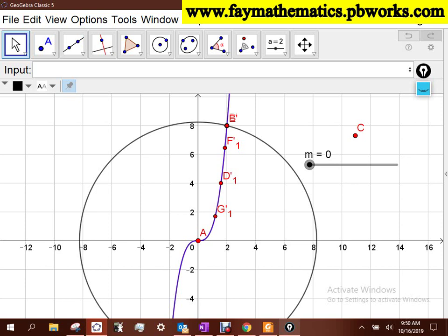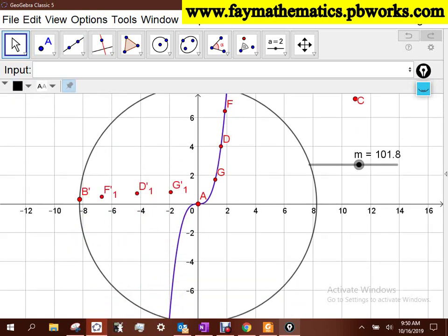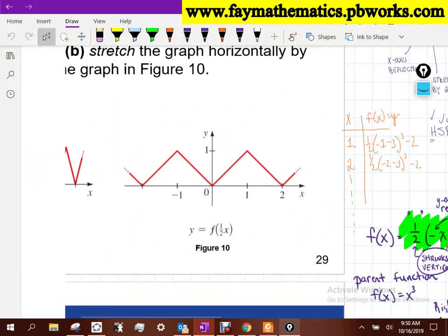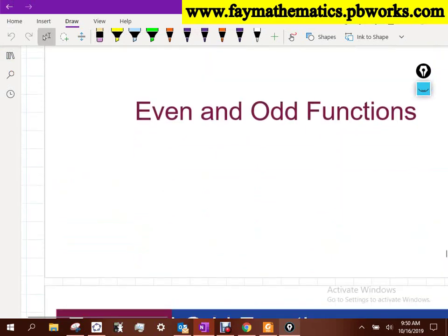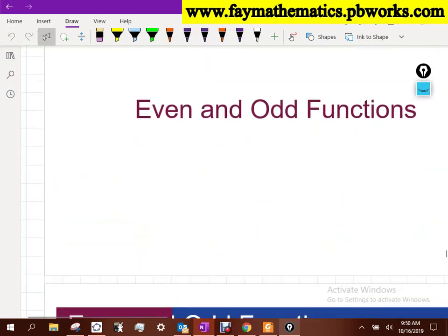Okay? Now, if this is the case, if we have symmetry across the origin, that's a special type of function. If we have symmetry across the y-axis, that's a special type of function. These are referred to as even and odd functions. And they don't have to do with anything in regards to the coefficients or numbers used inside the function.